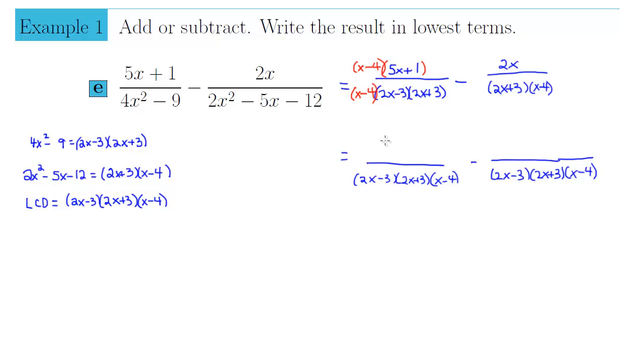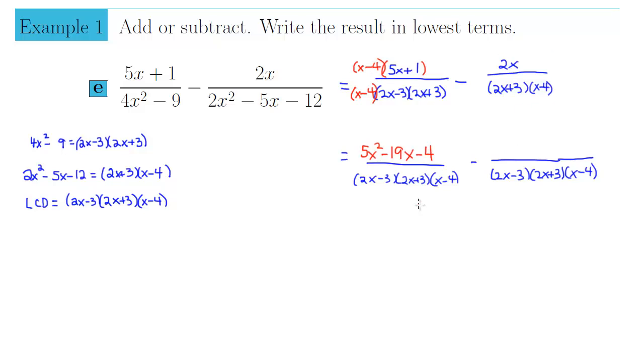And so that gives me, in the numerator, 5x squared plus 1x minus 20x, which gives us minus 19x, and then minus 4. That's our new numerator.